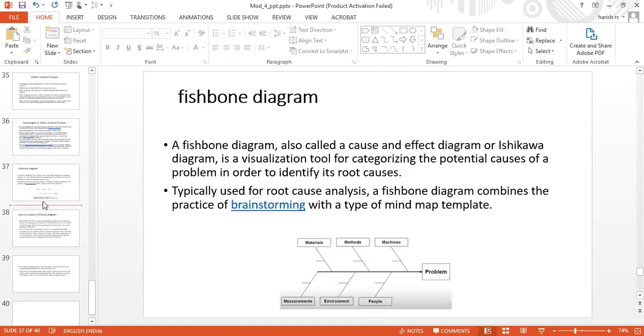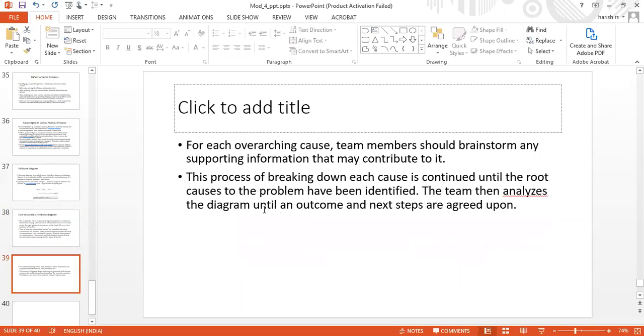So for the main arrow mark, we can attach the problems. For these problems, there can be contributions of sub-problems. And therefore, this process can be broken down into more continuous sub-problems so that we can identify what exactly is the cause of the problem step by step and overcome it so that we can fix it.